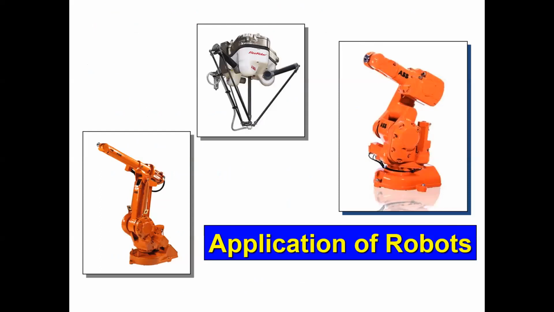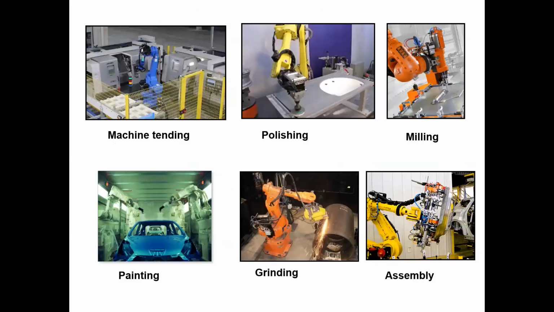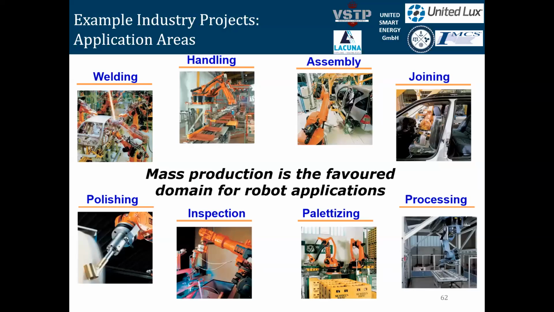Again, somehow spot welding, arc welding, handling, palletizing, laser cutting, painting, grinding is even possible, and as well assembly. Again, the repetition of the slide before. So you see there the tasks which can be done by robots.